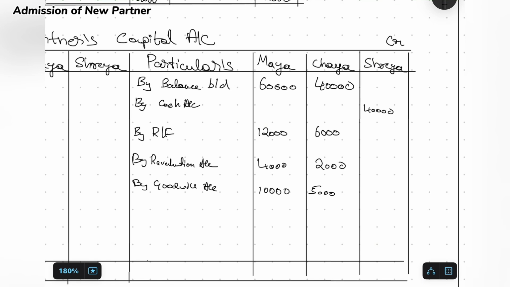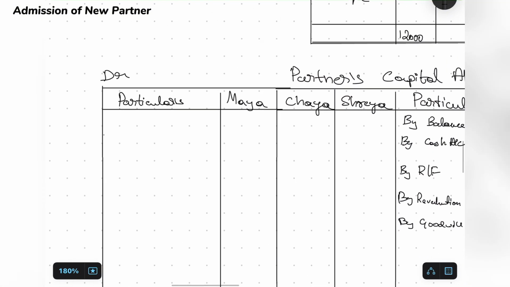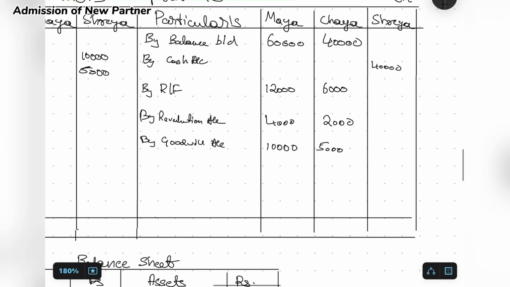This goodwill amount is given to Maya and Chaya from the goodwill amount that Shreya is bringing, right? So I should deduct this goodwill amount from Shreya's account. By capital account, I'm going to deduct from Shreya's account 10,000 and 5,000 and give it to the old partners as goodwill, that is 10,000 and 5,000.